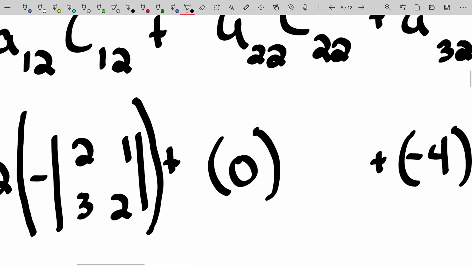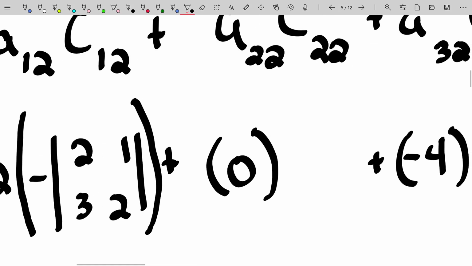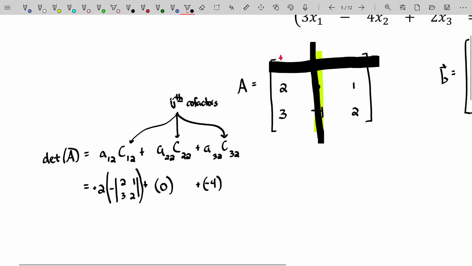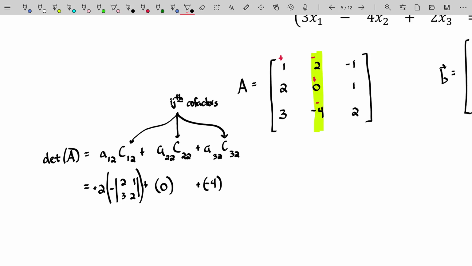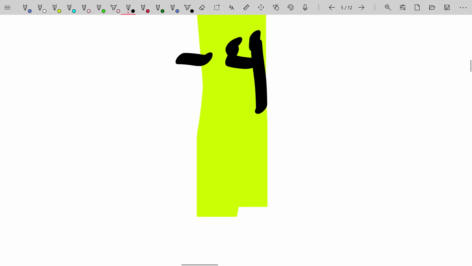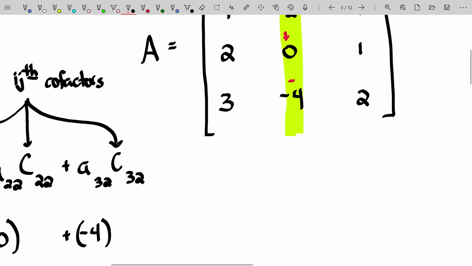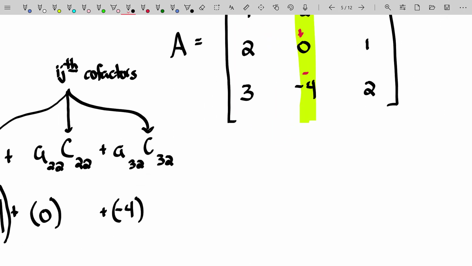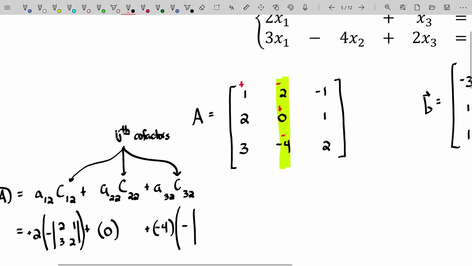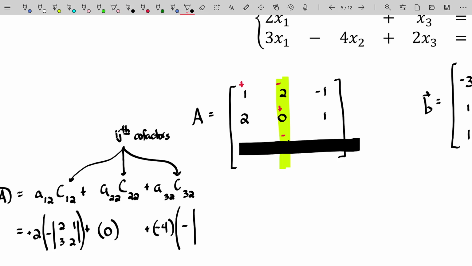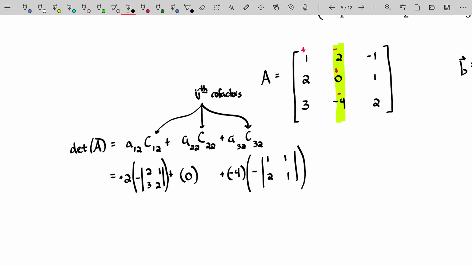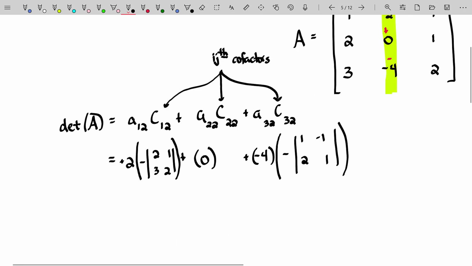Luckily, our next term is plus 0 times who cares, because 0 times anything is just 0. Finally, we have this entry -4 times the cofactor of A sub 32, and the cofactor of A sub 32 is going to be that red negative times the determinant of what's left over after you remove row 3, column 2. Now, obviously, you shouldn't take that long to do this style of computation, but you get faster with time.